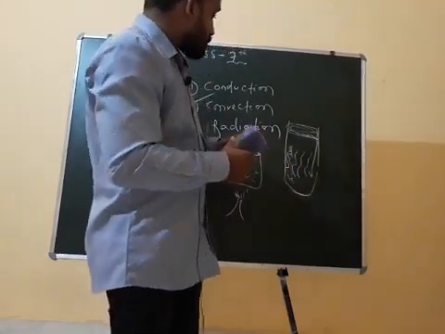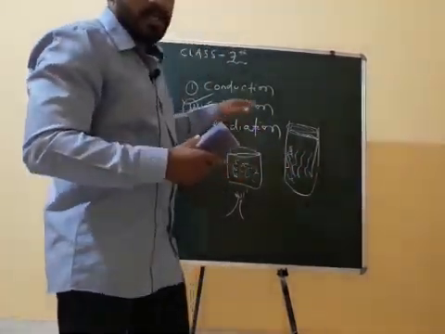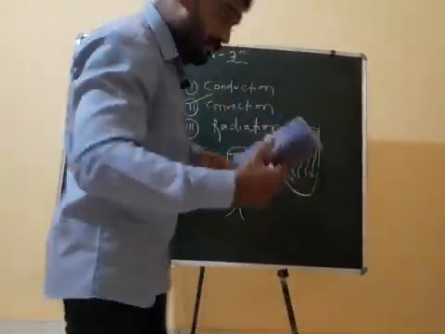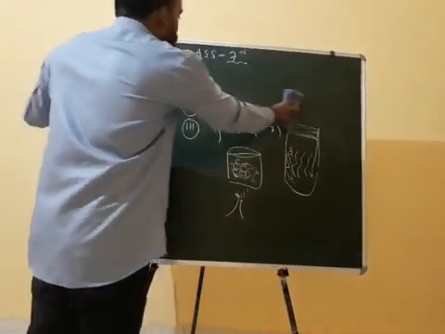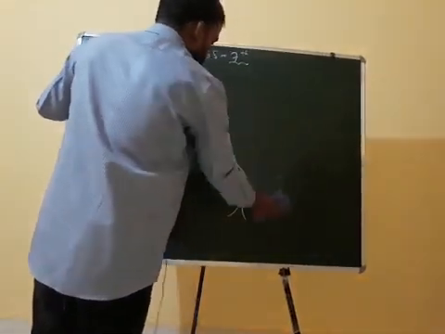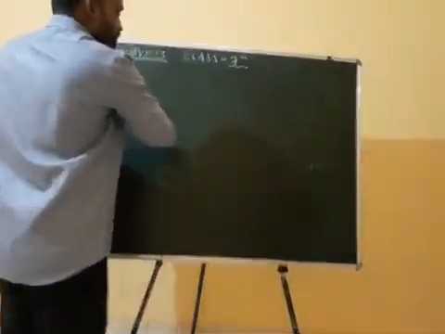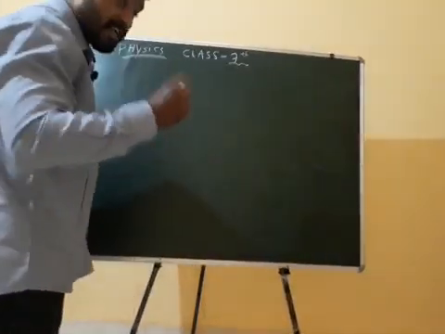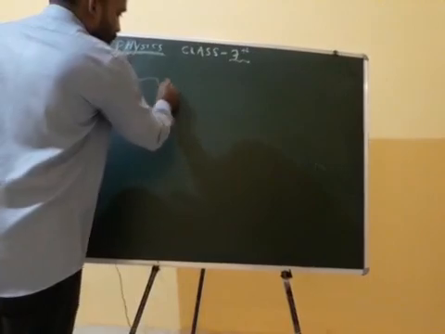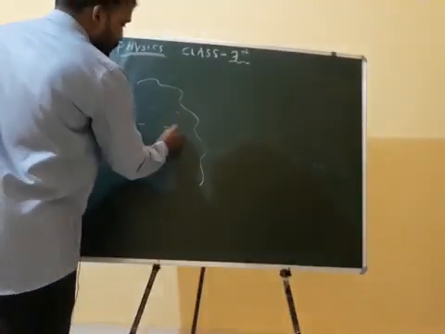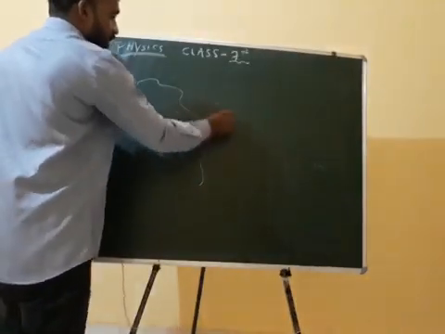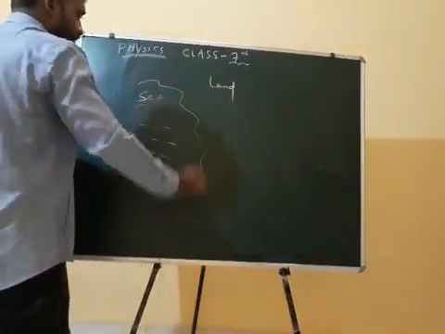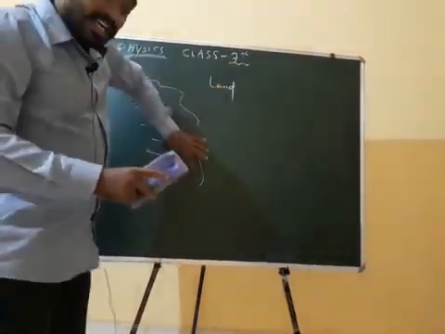Next, in convection currents two terms are there, land breeze and sea breeze. Let me explain. During daytime, suppose this is sea and this is land.